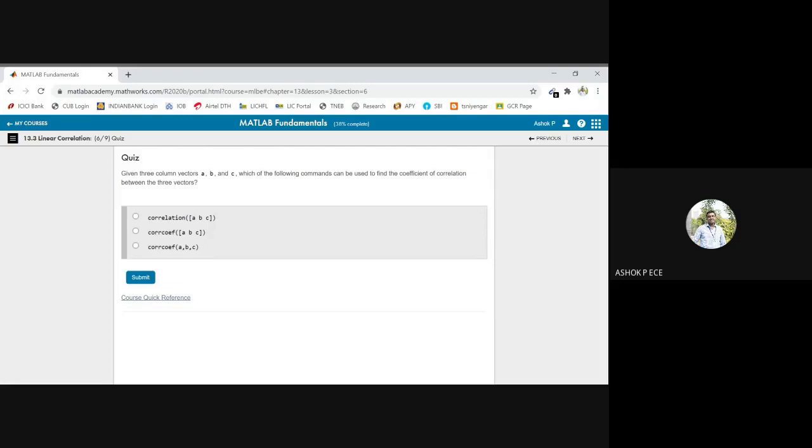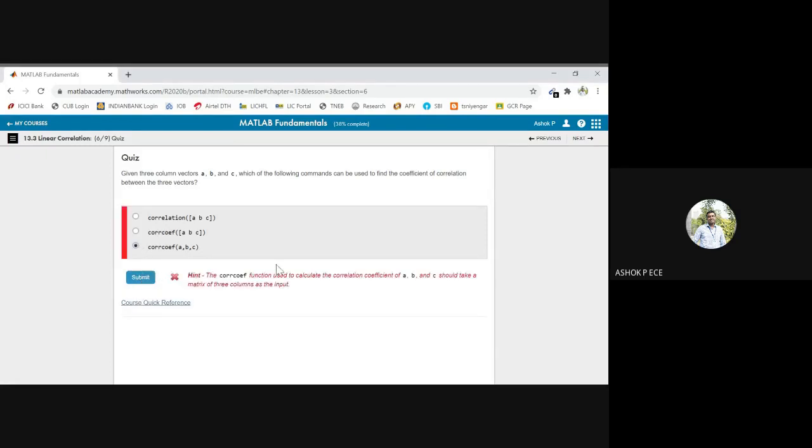Which function name will you use to find the correlation coefficient between the variables A, B, and C? Please type the answer, A or B or C. Answer is C. We'll try. I hope it is correct.